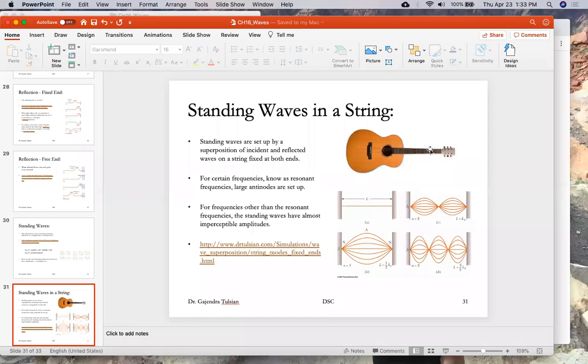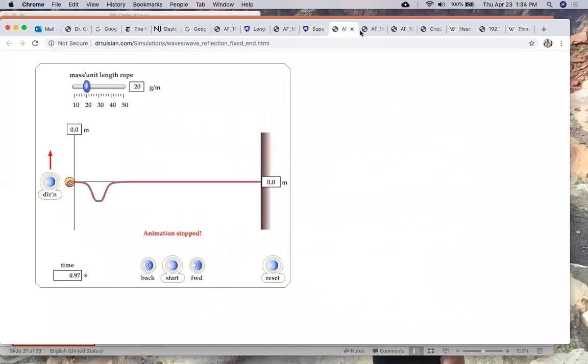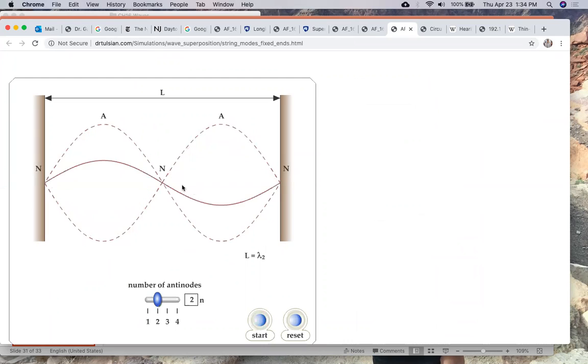So the guitar string, a given length of string, can either vibrate in this mode, that mode, or that mode, or higher harmonics. So a guitar string can only vibrate at certain frequencies. Here's a string fixed at both ends, and these are the standing waves. You send a wave down to the right, it gets reflected to the left, and so on this string you have standing waves created.